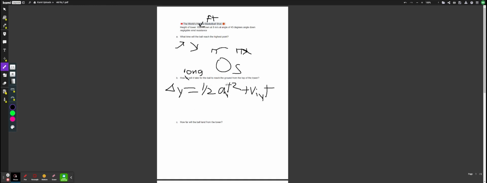For the initial velocity in the y direction, we take the total velocity, 8, and multiply by sine of the angle, 45. This gives us the velocity in the y direction, which is 5.657.